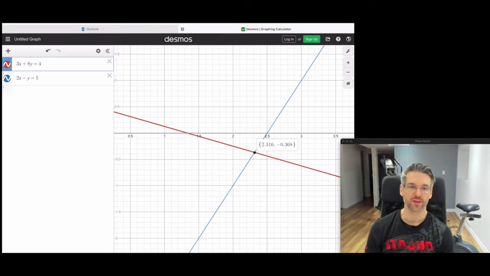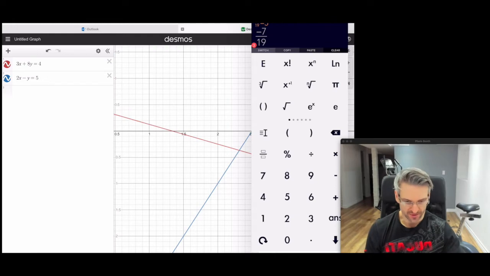Now what point is this? It gives it to us as a decimal, and that's why when you use graphing tools, they'll approximate for you. This is not the exact answer. When you use substitution, that is exactly what the answer is when you leave it as just fractions. So it's 2.316. Now what was the other one?